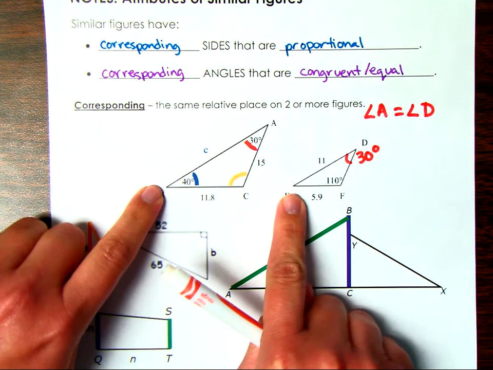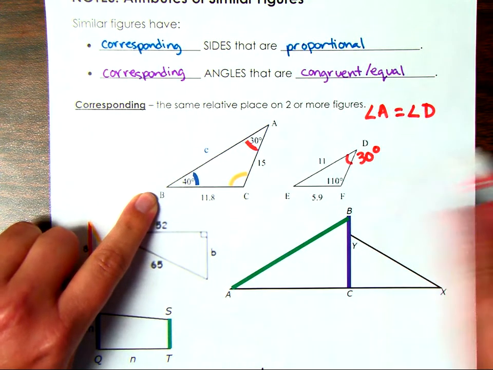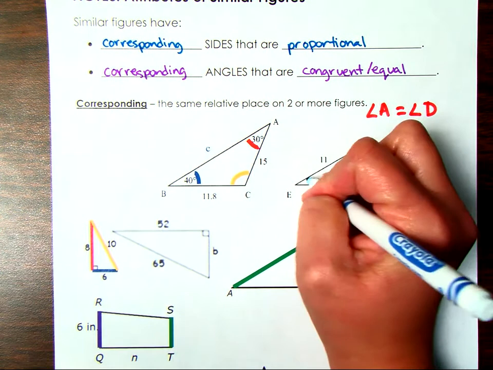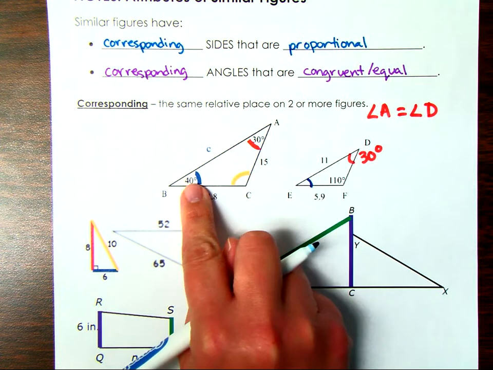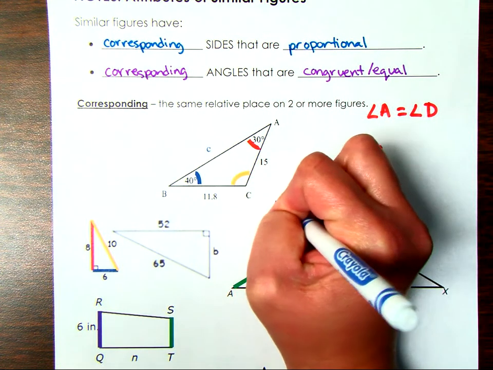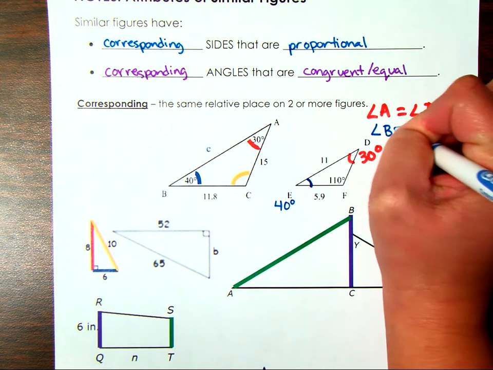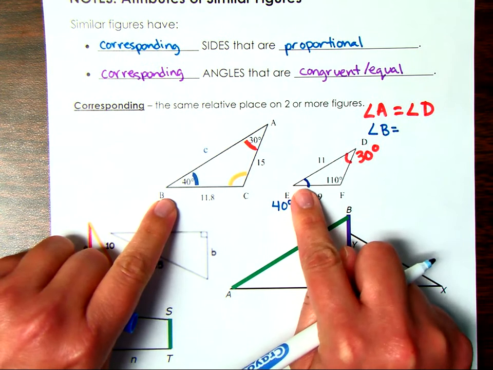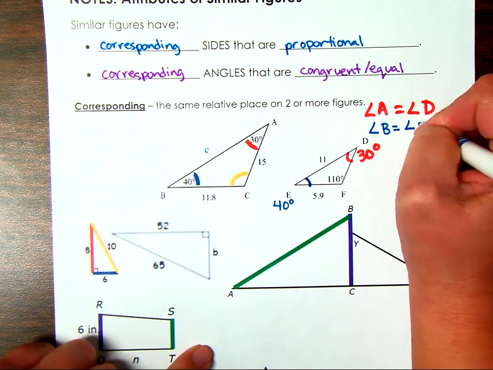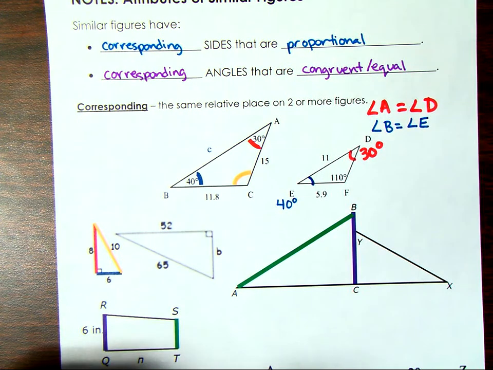Then down here, angle B is in the same position as angle E. I'm going to use the same color over here. Angle E is 40 degrees. So angle B corresponds with angle E, and therefore they are congruent in measurement. They're equal to each other.